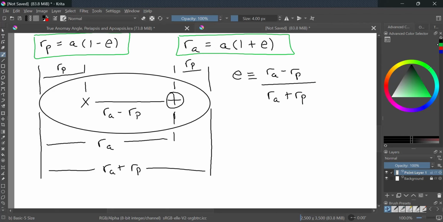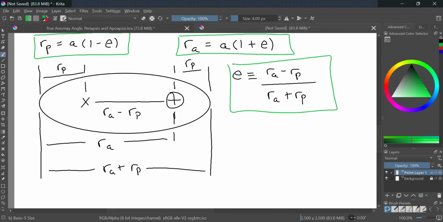Sure enough, if you were to go ahead and plug in these values, you would get 0.2, which is the eccentricity that we've been playing around with. That, however, will be left as an exercise for the viewer.